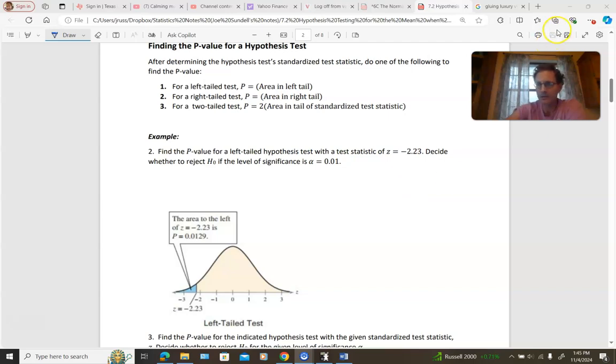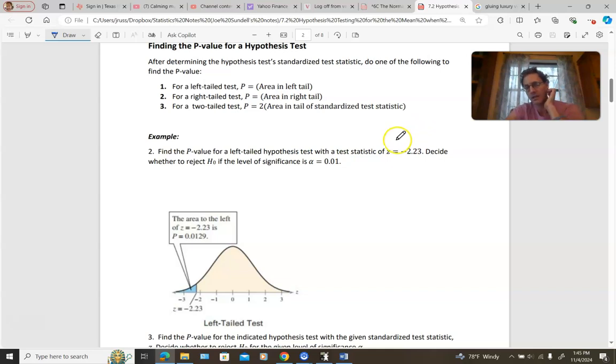All right, so let's get some practice doing this, because this is how to find our p-value. And once we know that p-value, then we can actually reject our null hypothesis or fail to reject it. Okay. All right, so find the p-value for a left-tailed hypothesis test with a test statistic of z equals negative 2.23.